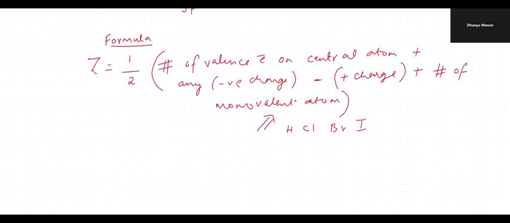All these are monovalent atoms. So if we know Z, we will understand the hybridization.